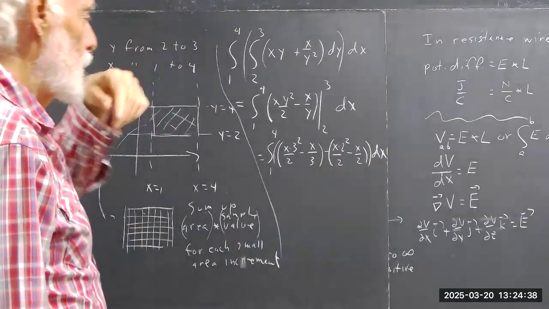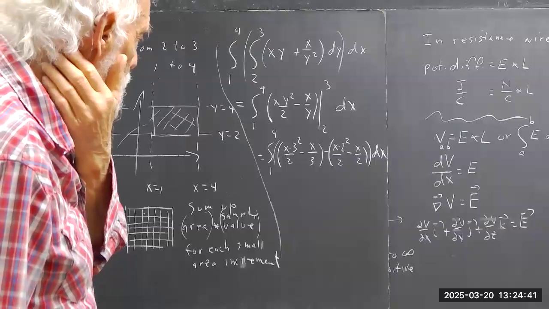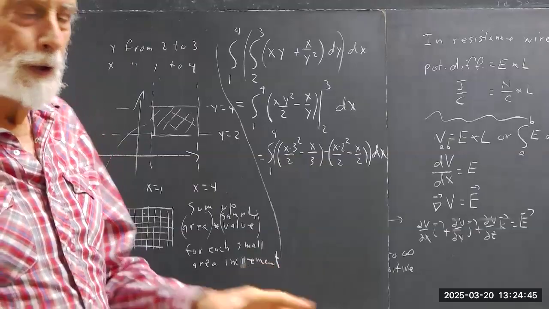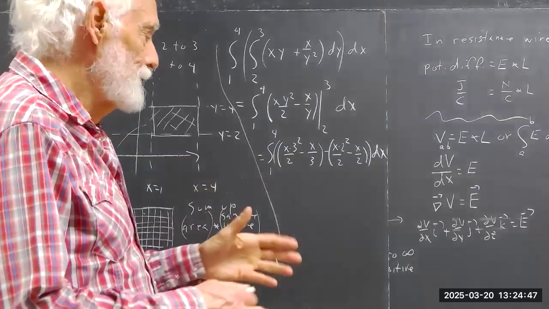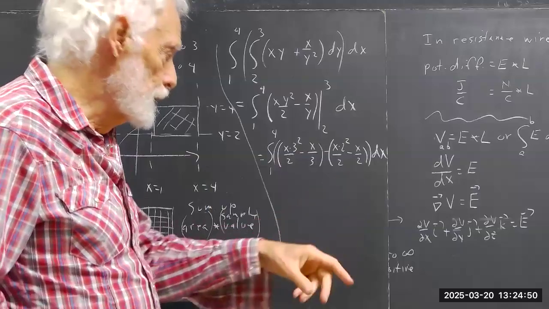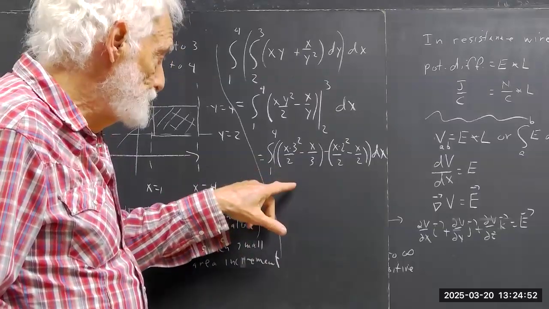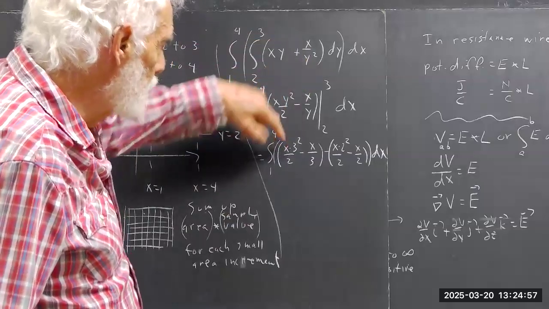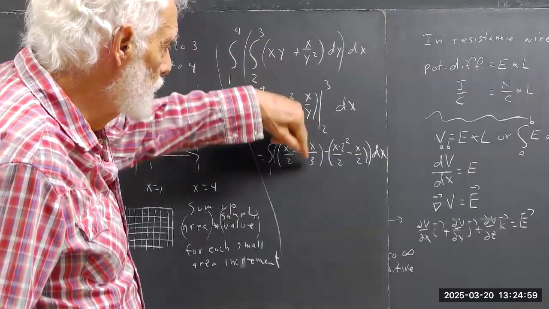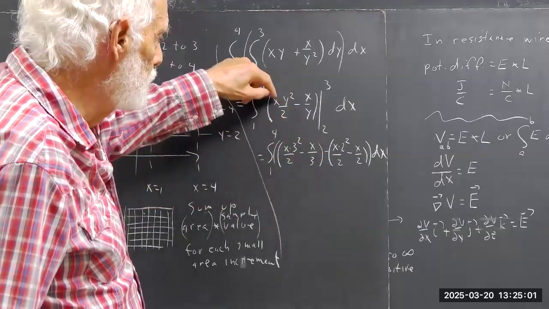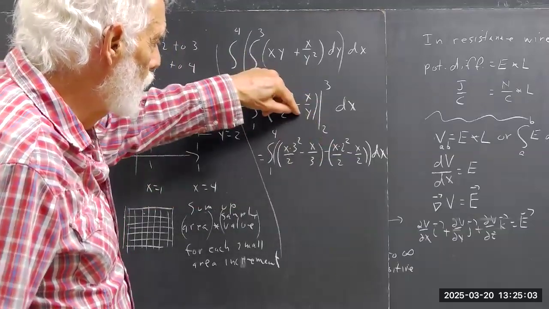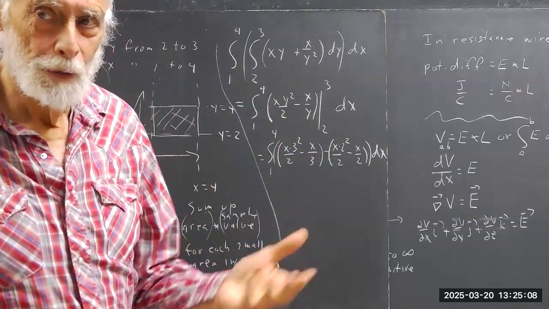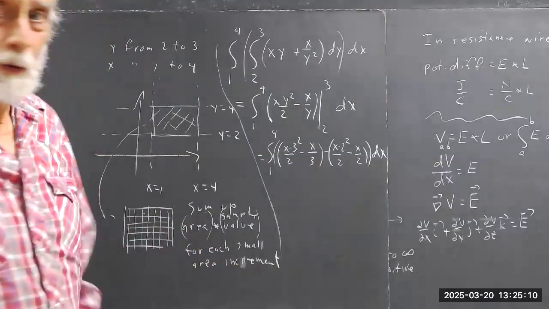Now, writing it out in more detail than I did in the first example, which I didn't expect you to necessarily understand in all its detail, although that was pretty simple because you had 2 separate variables. But here we have it. We just evaluate this for y equals 3, y equals 3, y equals 3, and then for y equals 2, y equals 2, and y equals 2. It looks like I got it right. You check on that.